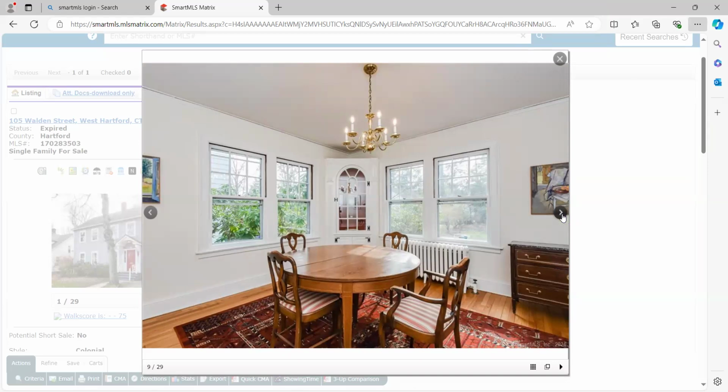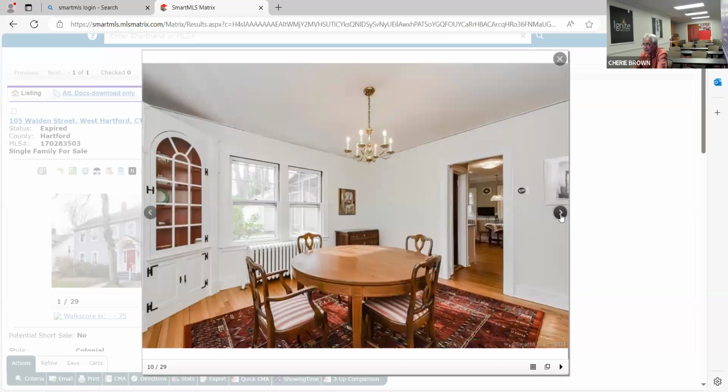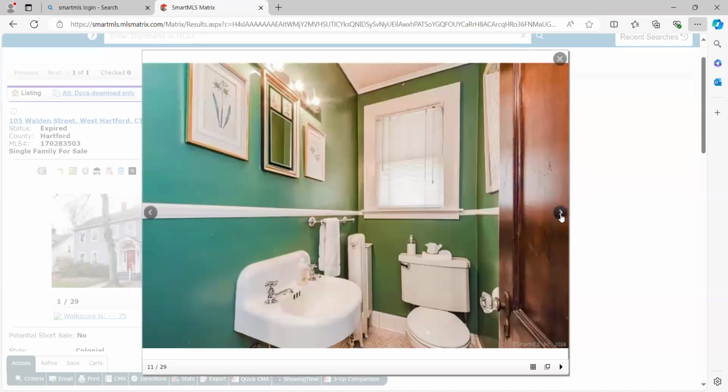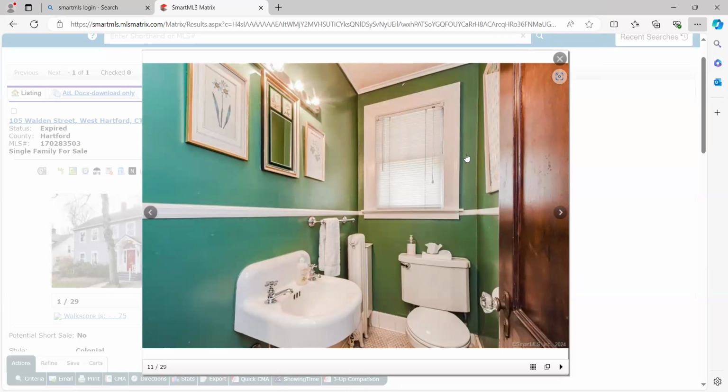Corner hutch in the dining room. Every house in this period of time had the corner hutch in the dining room. Now, this they didn't really do much with at all. It's an older tile floor and it's the half bath. Yeah, it needs to be remodeled.